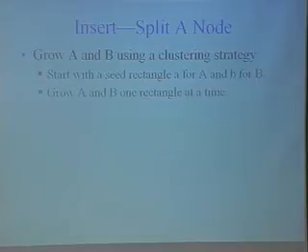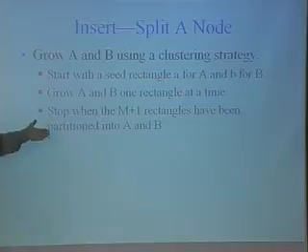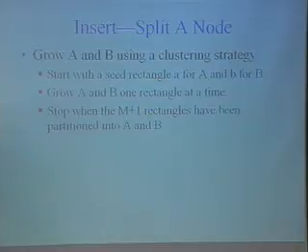So you grow A and B, and the growth continues until you have assigned all of your rectangles. So you need a seeding strategy, and then you need a growth strategy.